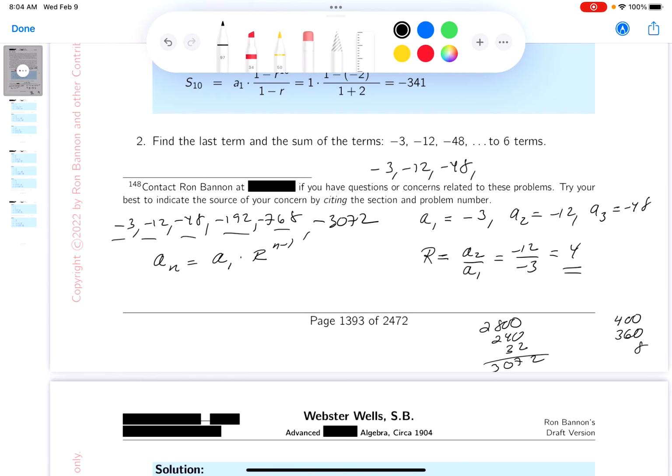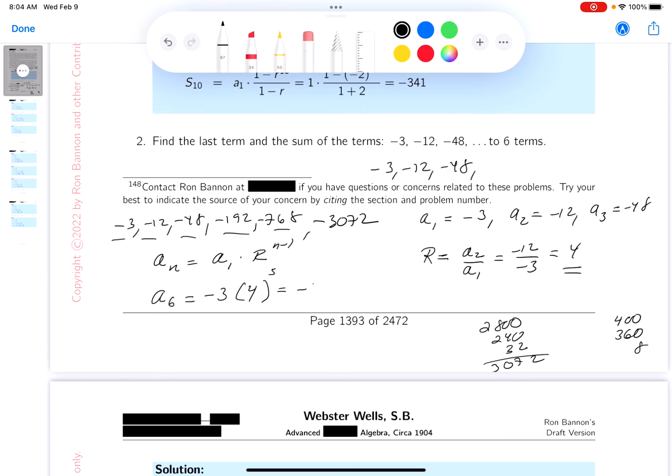Well, let's write this down. A6 is going to be equal to A1, which is minus 3, times R, which was 4, to the power 5. So I've got to do 4 to the 5th power now.